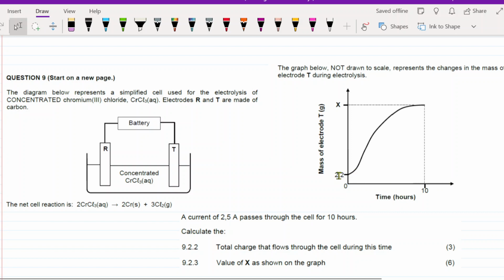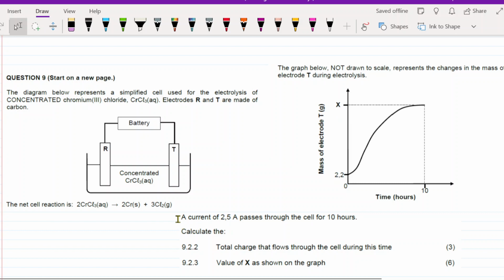Initially, the mass was 2.2 grams. Then for a certain period of time it increased up to x. We don't know the final mass after 10 hours. So after 10 hours the mass is x, which we don't know.